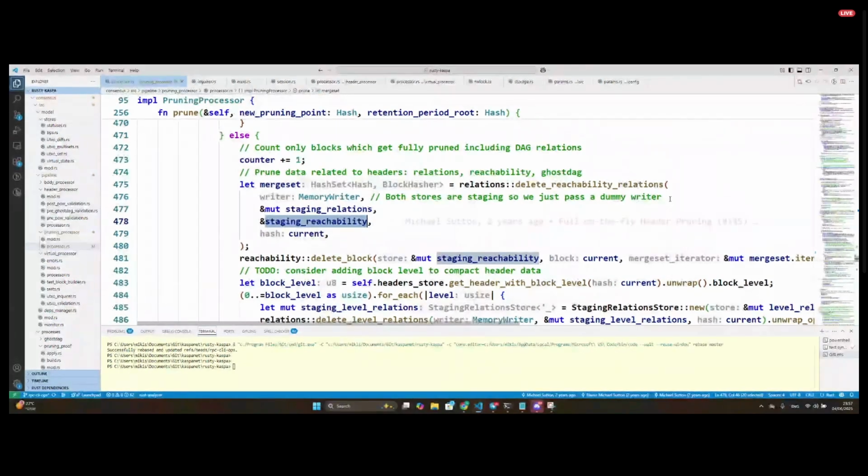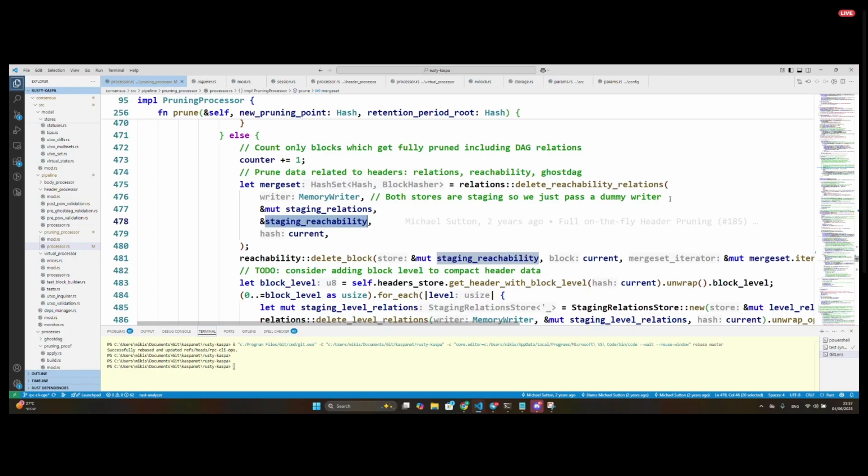So there's a database store, and then there's another store emulating exactly the same interface, which is a staging store that keeps all the mutations in memory. Only when you commit the batch do you apply the changes at once to the DB. So current code does that per block.